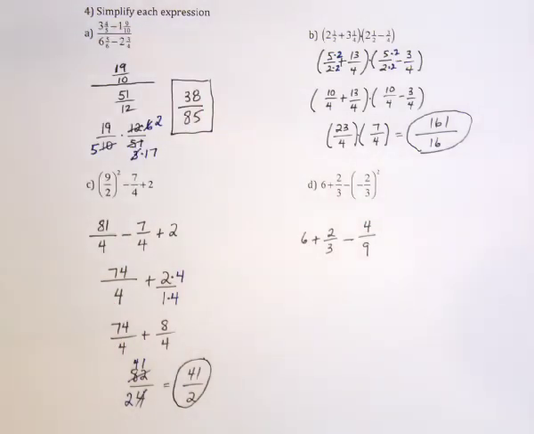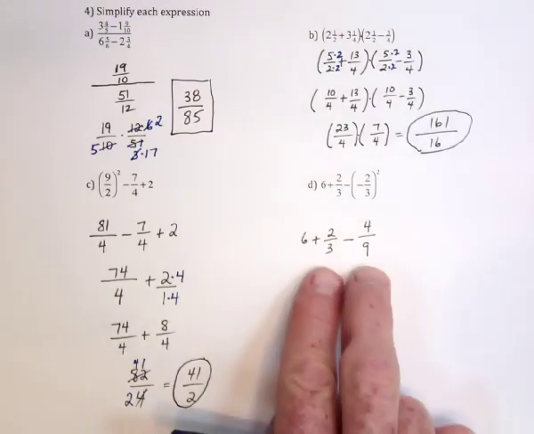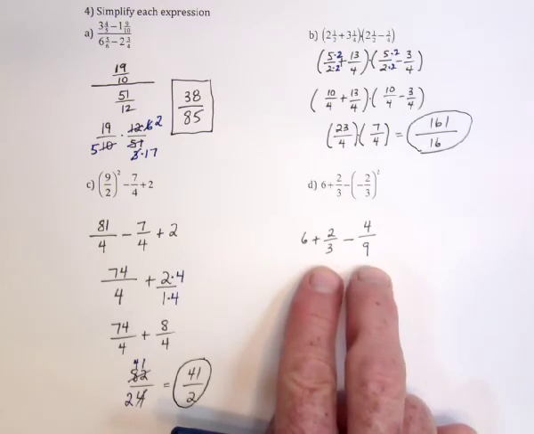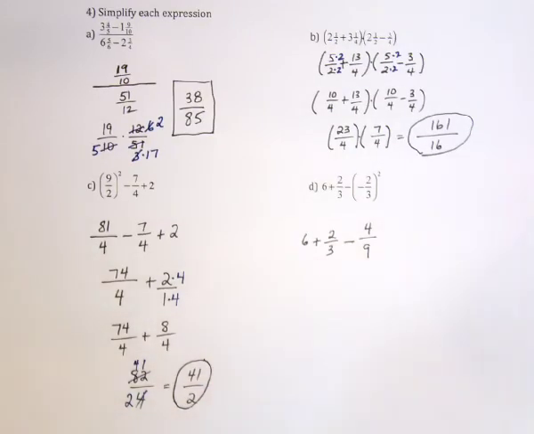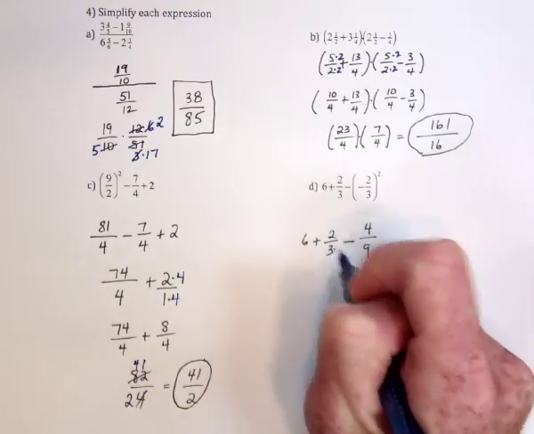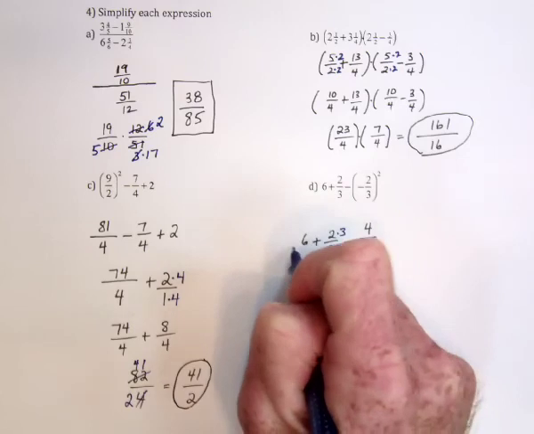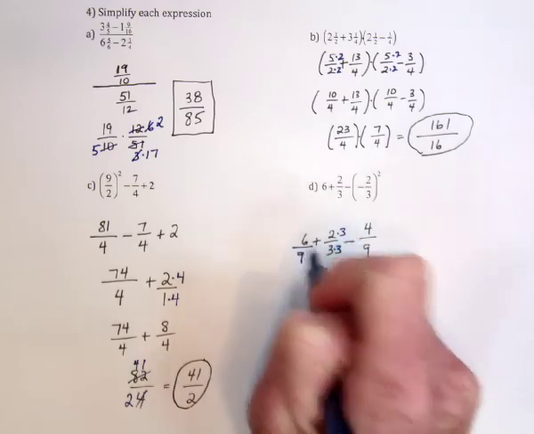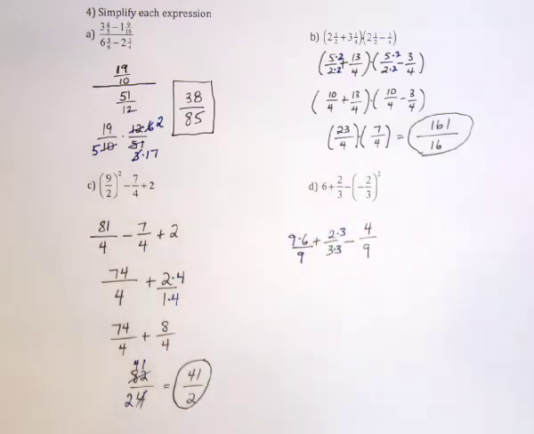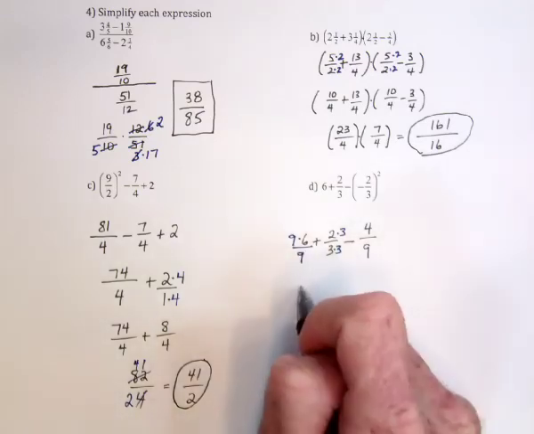Well, we've got fractions again. The common denominator for these two is going to be a 9. So I need to change all the denominators into a 9. So this one multiply by 3 on the top and the bottom. This one multiply by 9 on the top and the bottom. So 9 times 6 is 54.